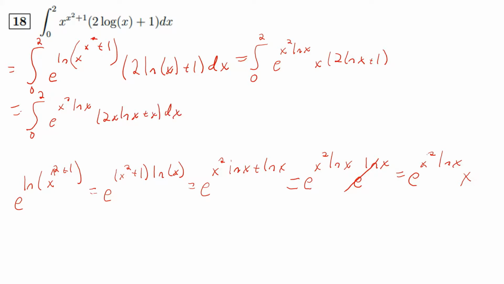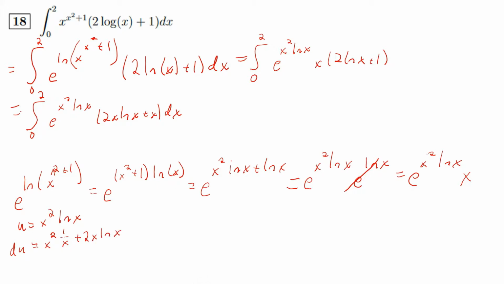So from this point, we can actually do a u sub. After all that work, all that algebra, it's actually a very convenient u sub. So I'm just going to write it down at the bottom here. So we're going to set u is equal to x squared ln x, and then using the product rule, we can rewrite this as du equals x squared times 1 over x plus 2x ln x.